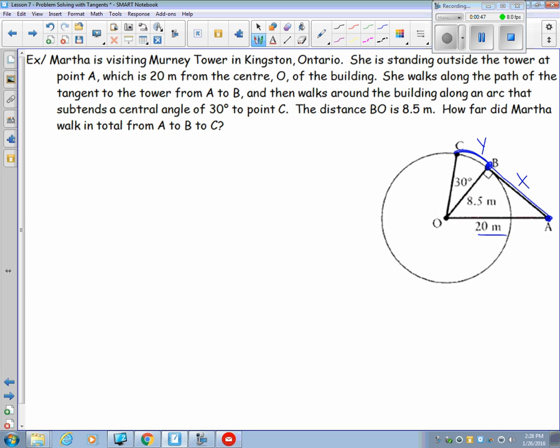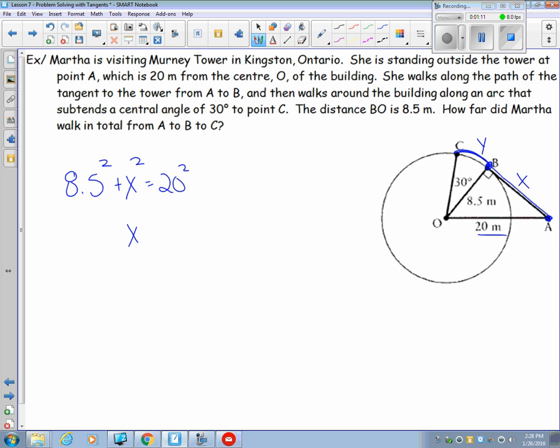The easiest part to solve for would probably be the A to B section, letter X, because that's the idea of a tangent, and we've got some Pythagoras going on there. In particular, 8.5 squared plus x squared has to be 20 squared. Our hypotenuse is across from the right angle, so 20 is our hypotenuse.